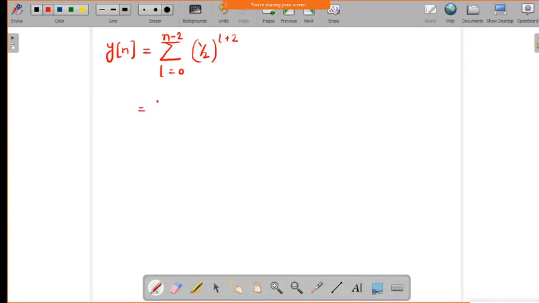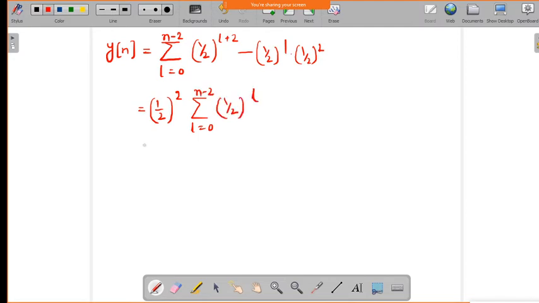Now that is equal to half power, so you take out these two values. So this you can write as half power L into half power 2. So take out this one, so you will get the value L equal to 0 to n minus 2 half power L.